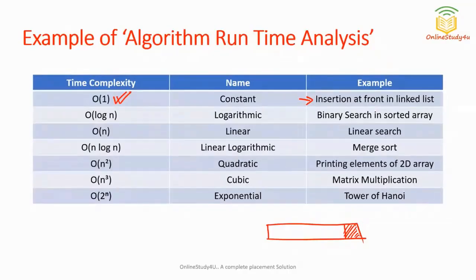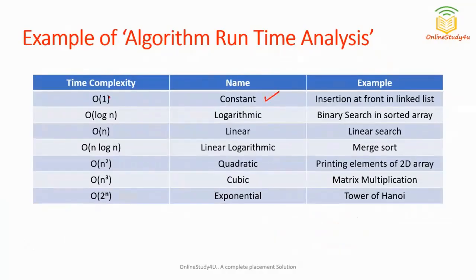You can do it in one step. It is order of one, especially if you know the index. When we study linked lists, we will understand this example. But those operations which can be performed in one unit of time have the complexity order of one. It is known as constant.